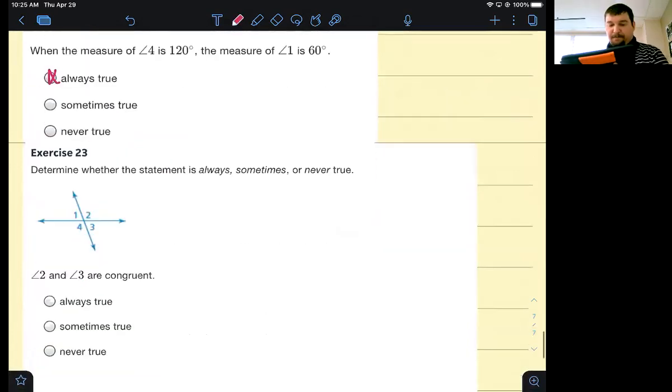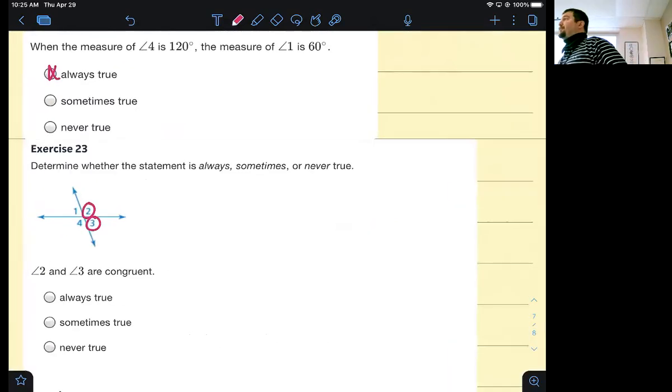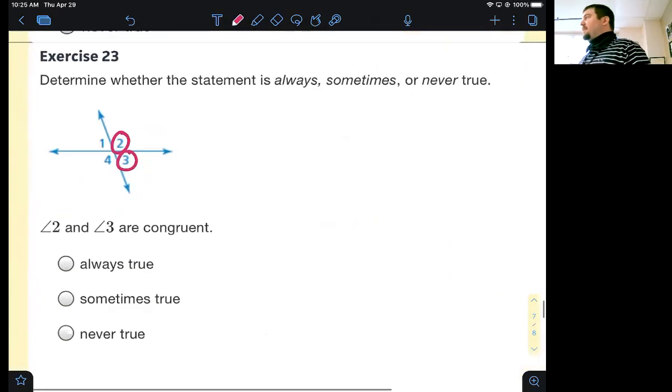Number 23, angle 2 and angle 3 are congruent. Always, sometimes, or never true. This one I haven't heard from yet. Elena, give it a shot. You think sometimes?